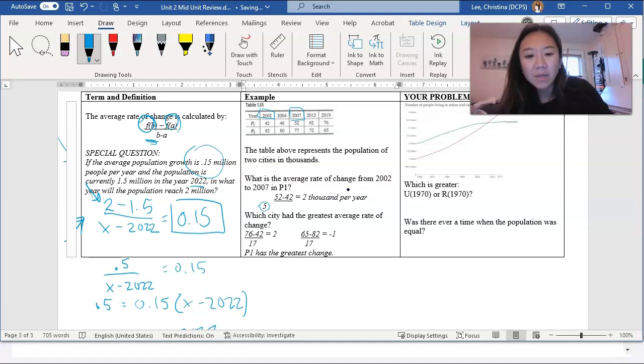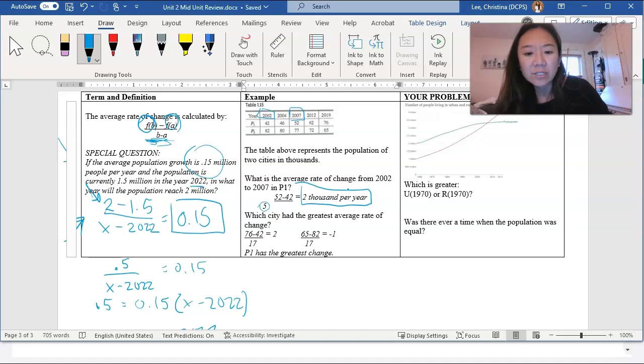So in my denominator, remember, because I'm putting my inputs in the denominator, it's per year, so years goes in the denominator. And then I did 52 minus 42, right? Because my output, that's how many people were there. So that's how you can solve, and it ends up being 10 divided by 5, which is 2, or 2,000 per year.